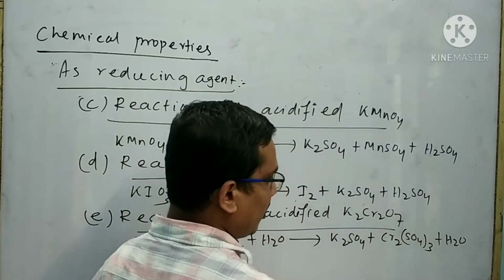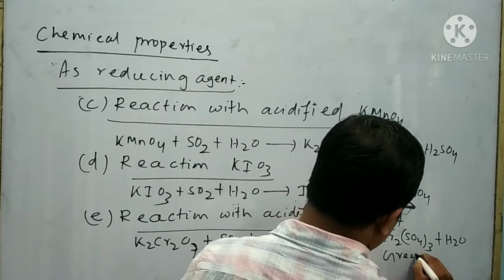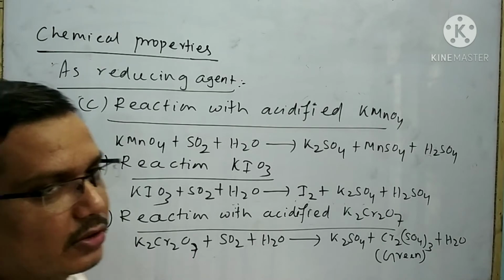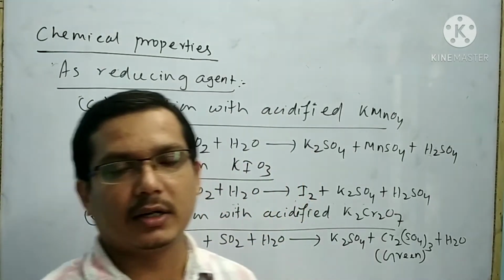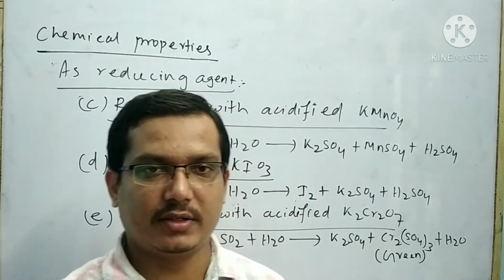The green color is due to Cr2(SO4)3. These are the reactions which clearly indicate that sulfur dioxide acts as a reducing agent.